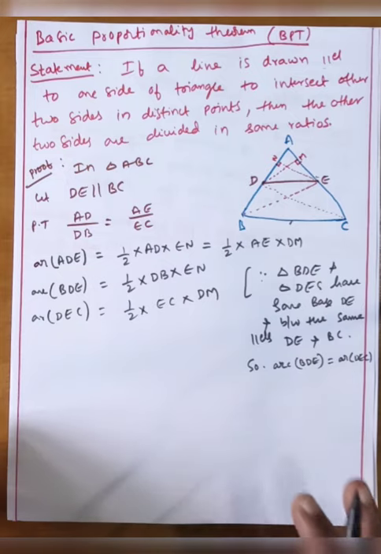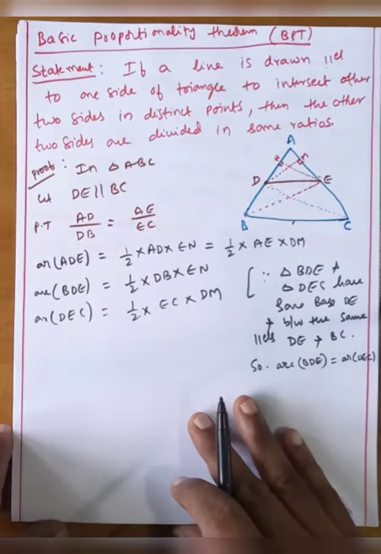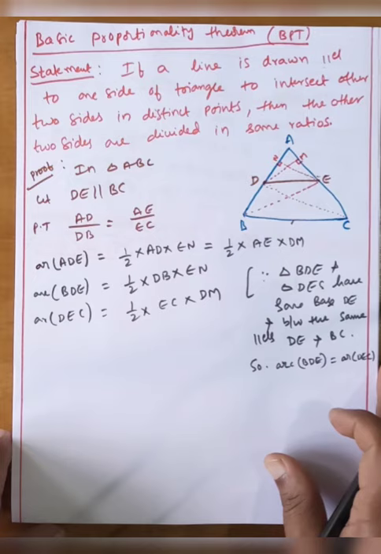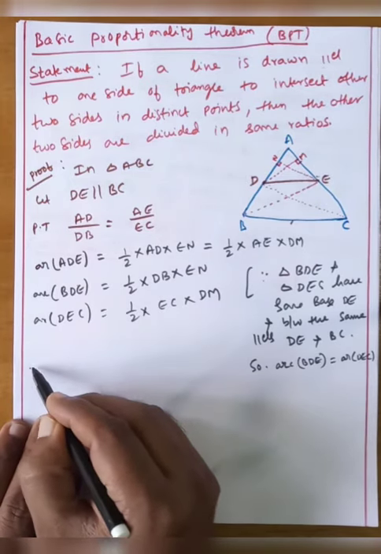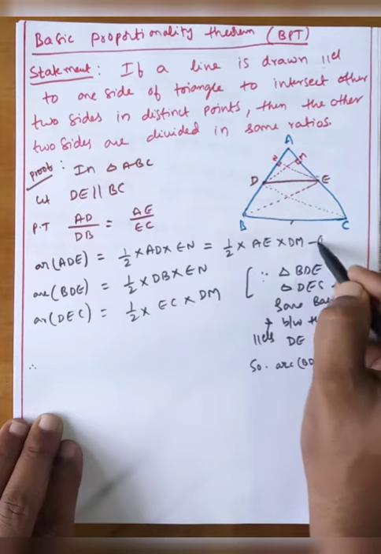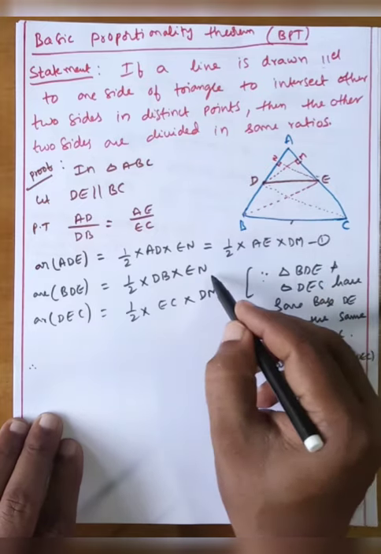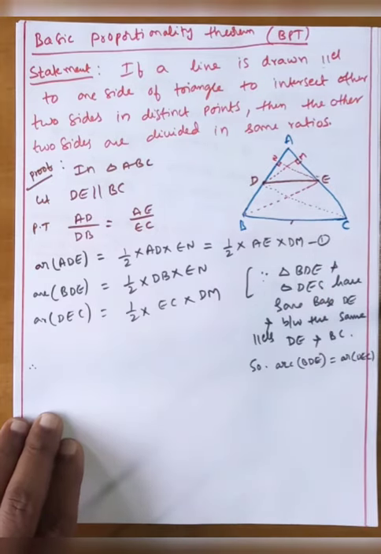Here, suppose you take the ratio, no problem at all. This is equation number 1: BDE and DEC are equal. These two are equal.